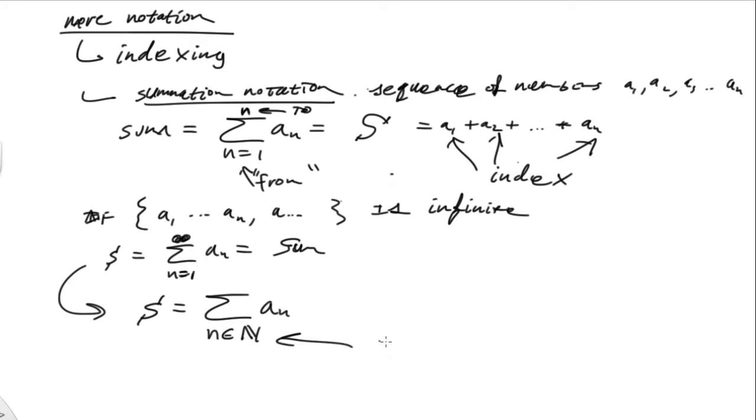That just says: sum all an where n ranges over the naturals.